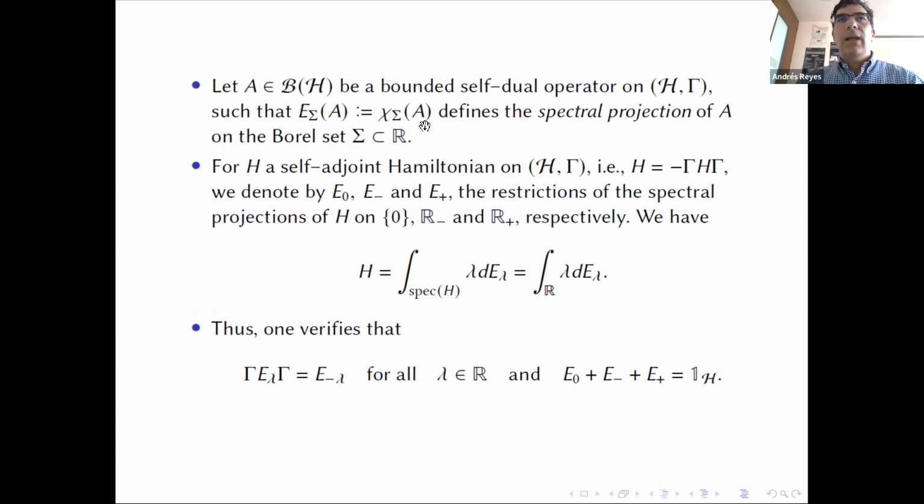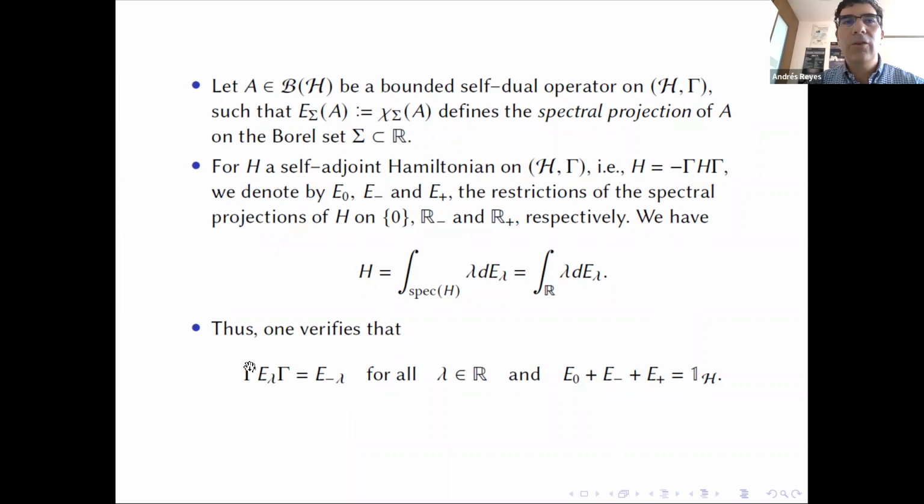So now let me consider a Hamiltonian, which is a self-dual Hamiltonian. Then using the spectral decomposition, because of the self-dual property, we see that the action of this conjugation on the spectral projections works in this way. So it is reflection invariant, so to say. And then we can work with the projection corresponding to the positive part of R, to the negative part, and the projection to 0.